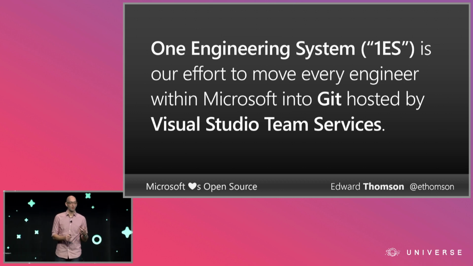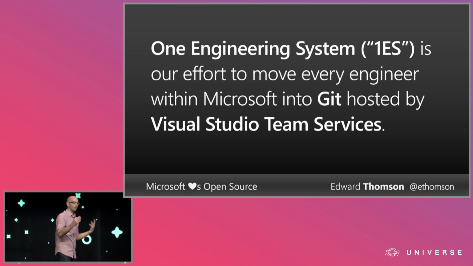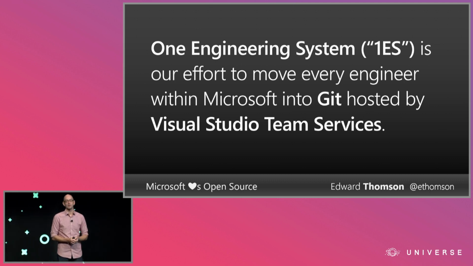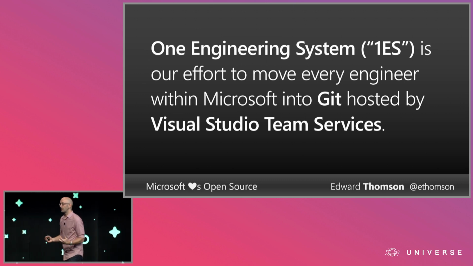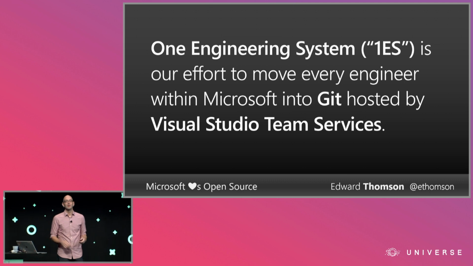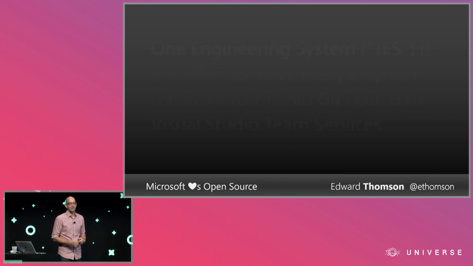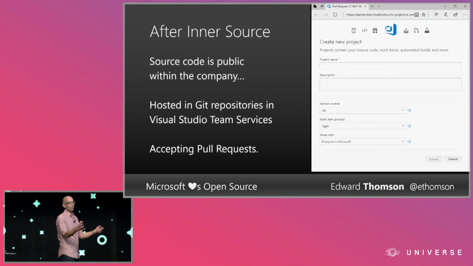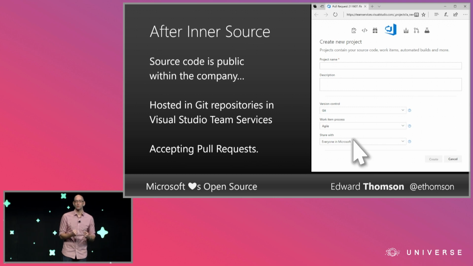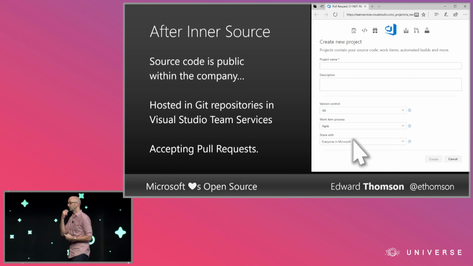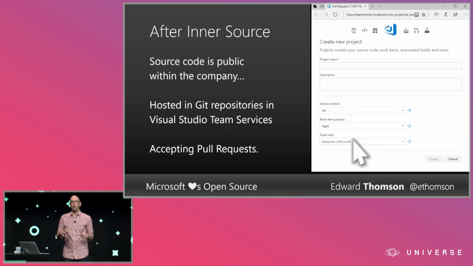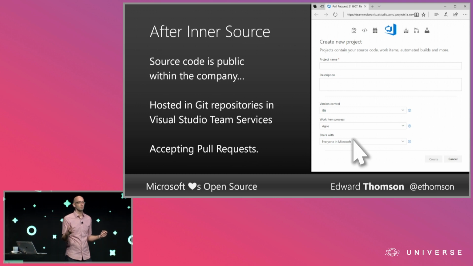We were going to move everybody into Visual Studio Team Services, our cloud-hosted code repository. And we were going to open it up. So the idea now is that we were going to adopt an inner source workflow within Microsoft. We would open up all of the repositories throughout the company to each other.